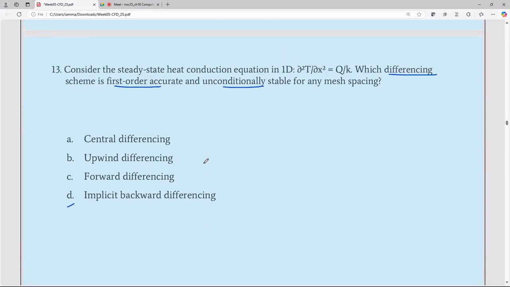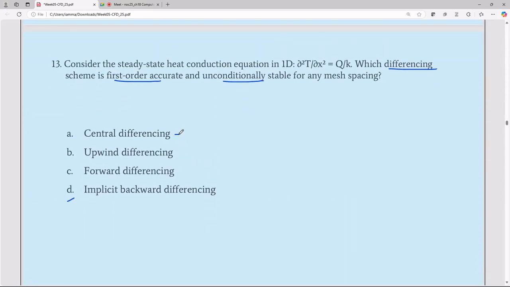If you see here, the other options are central differencing scheme, upwind, and forward differencing scheme. So the central differencing scheme is unconditionally unstable. It will always be unstable for this kind of problem. And the upwind scheme and forward scheme will be conditionally stable.